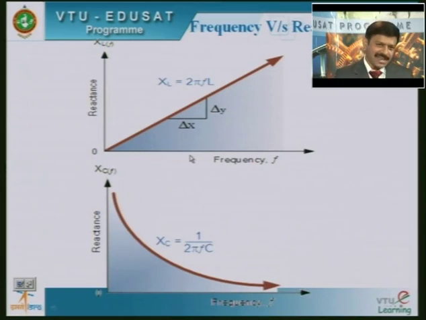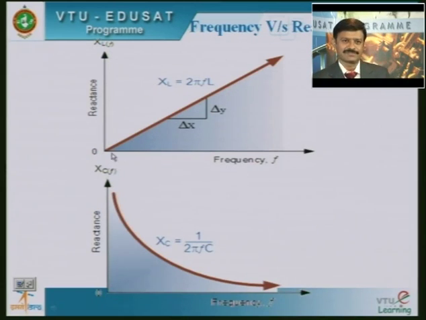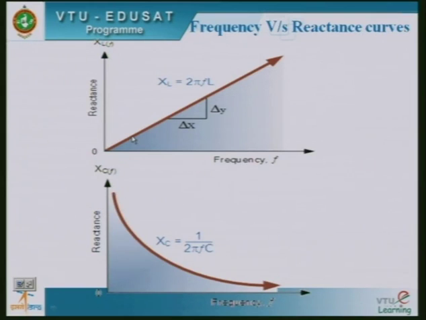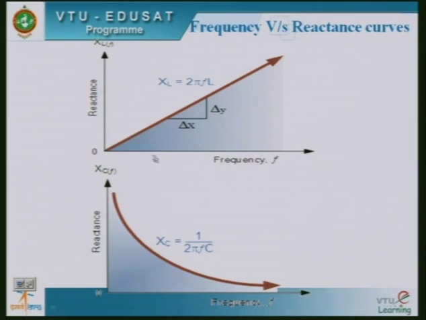After understanding the concept of resonance, we will go to a few characteristics, the frequency versus reactance curves. The frequency is taken on the x-axis and reactance on the y-axis. In the first graph, inductive reactance and frequency are taken.